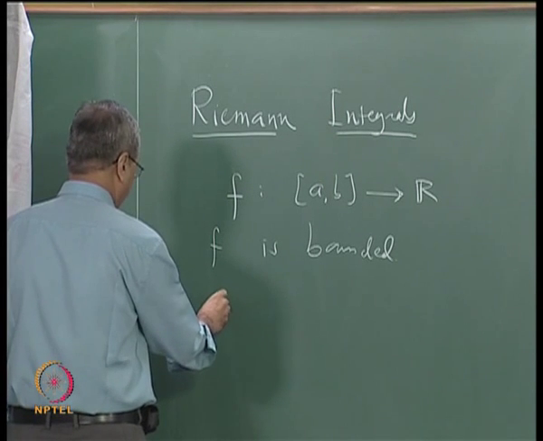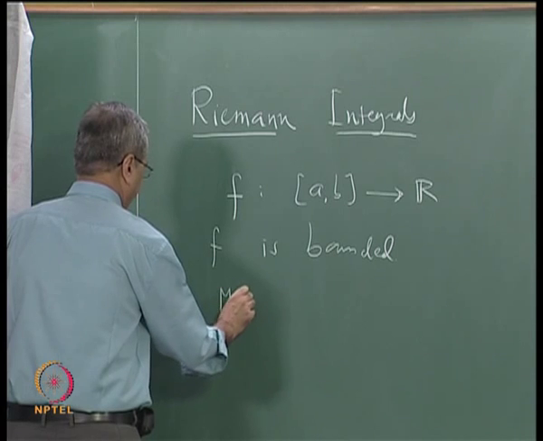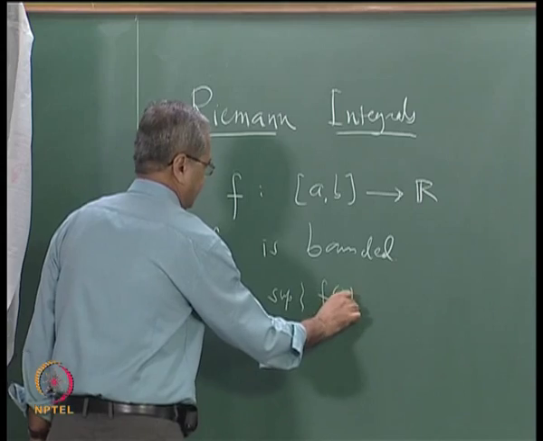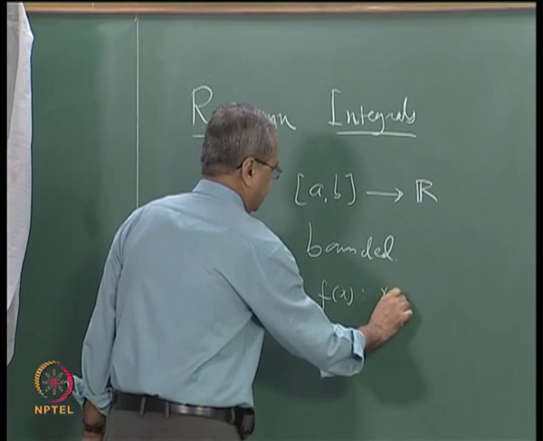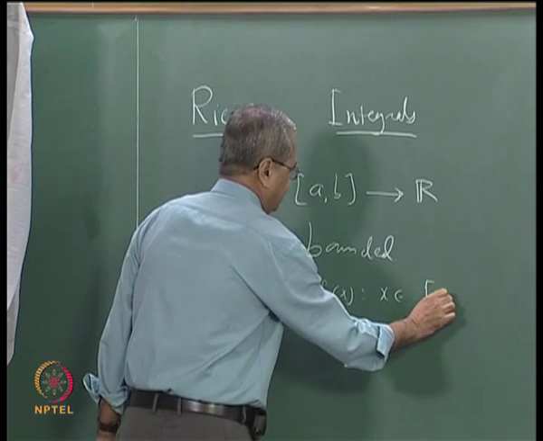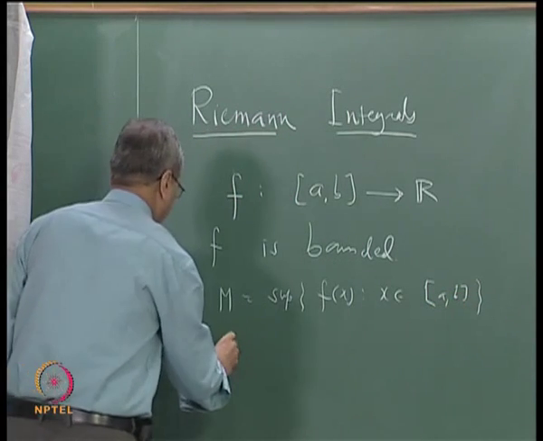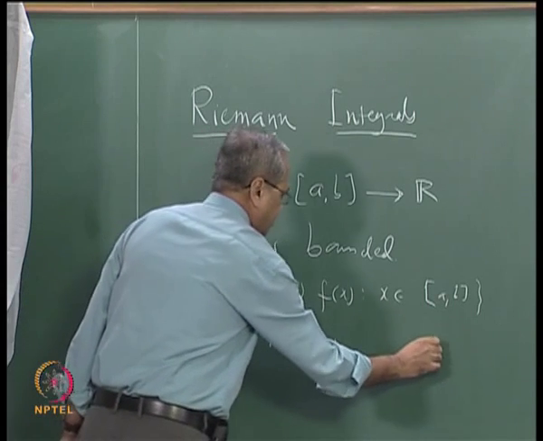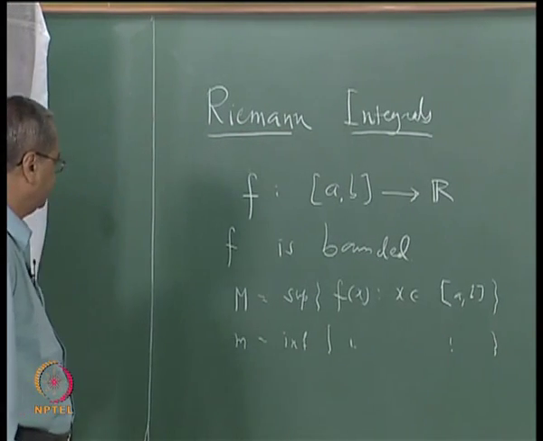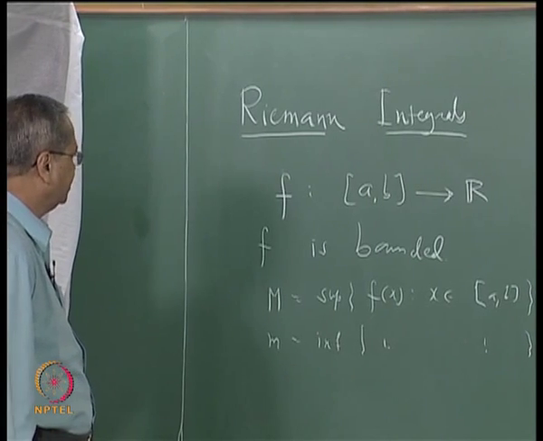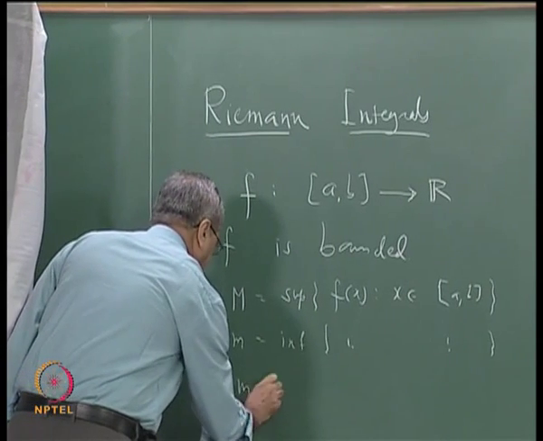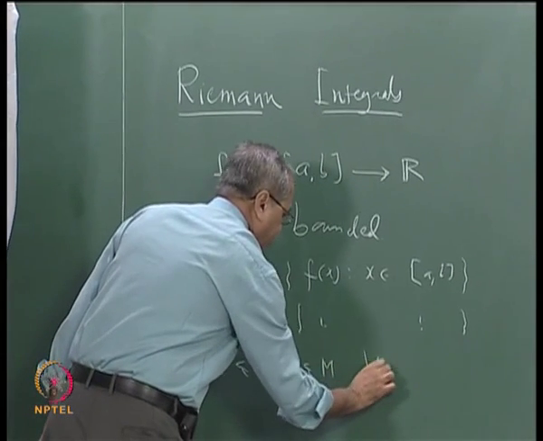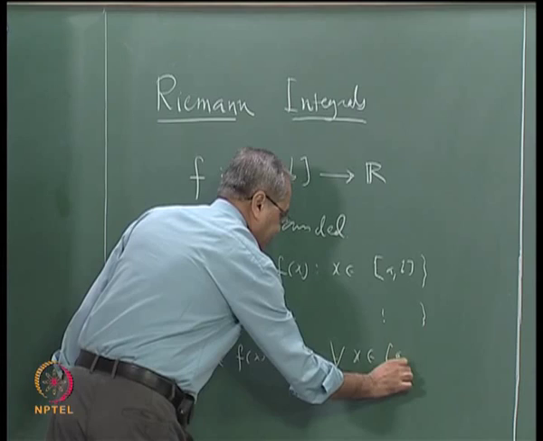Suppose we denote those numbers by big M, the supremum of f(x) for x in [a,b], and small m, the infimum of f(x) for x in [a,b]. In particular, this means that for every x in [a,b], small m is less than or equal to f(x), which is less than or equal to big M.